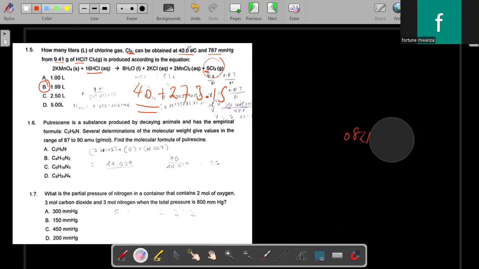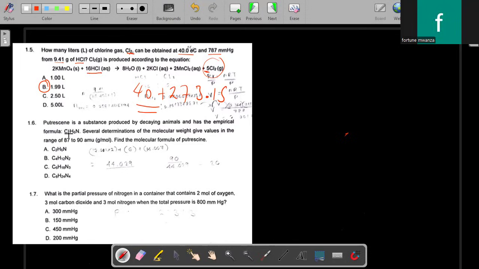So question number 6, I'll solve it in the form of a table. Putrescine is a substance produced by decaying animals, and has an empirical formula.